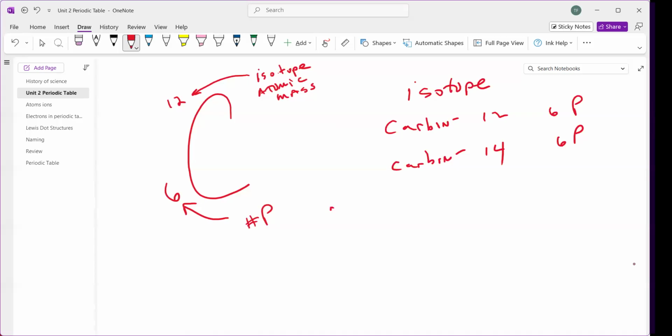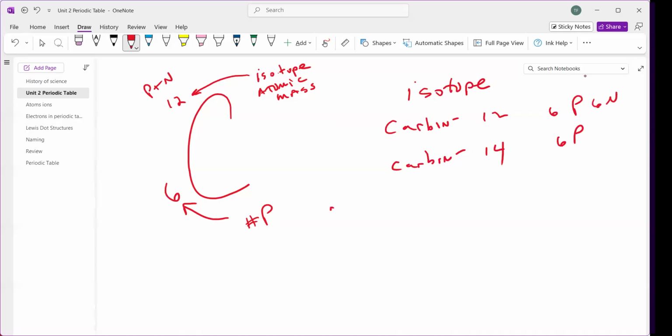Neutrons differ. Exactly. So how do you know how many neutrons there are? Well, this is P plus N. So if the total number of protons plus neutrons is 12 and 6 of them are protons, how many neutrons? 6 neutrons.